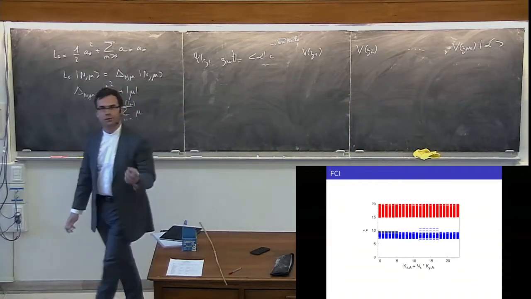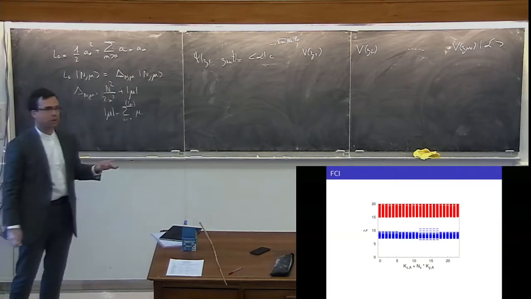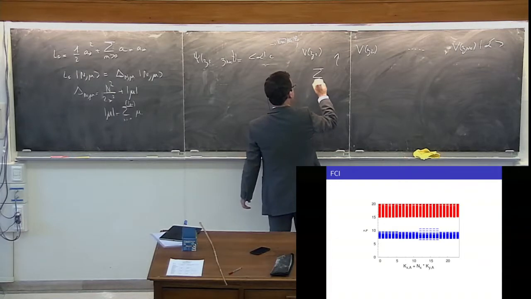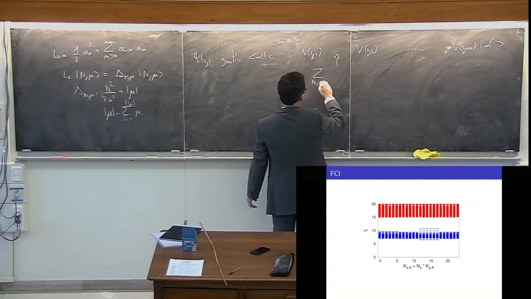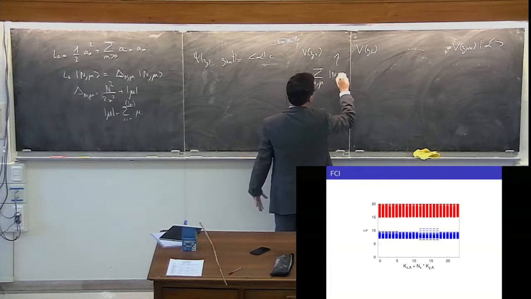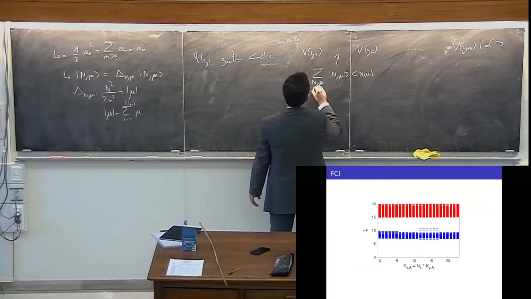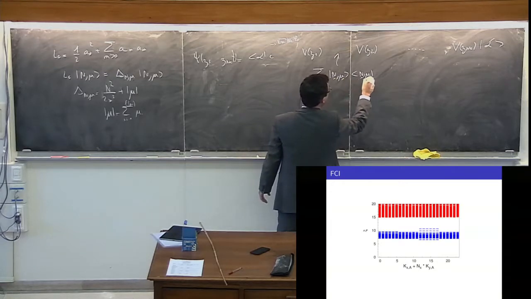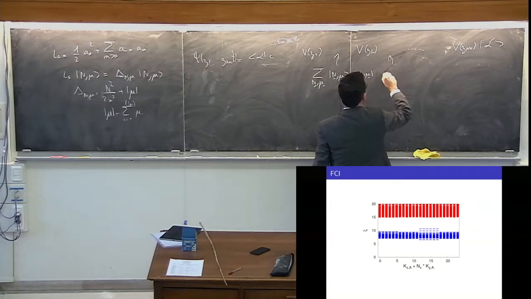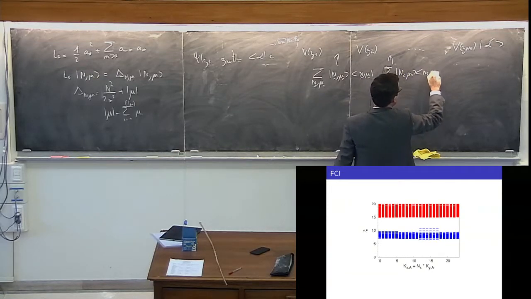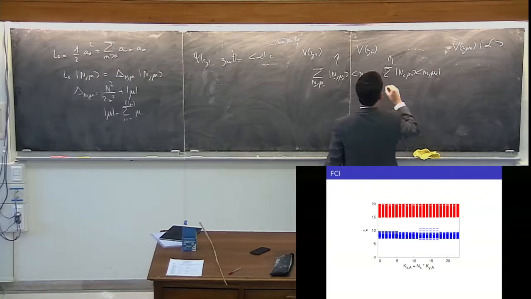So between each vertex operator, I can insert a complete basis. Sum of all the n, all the mu's of n mu. Let's call this one mu1 and 1. I can do the same here. And 2 mu2 and 2 mu2. And so on.